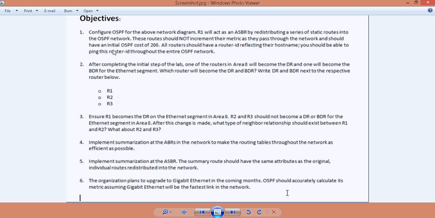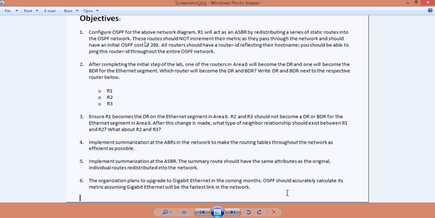E1, the type 1, increments, so type 2 does not increment. In this case we are going to use type 2. All routers should have a router ID reflecting their host name. You should be able to ping this router ID throughout the entire OSPF network.